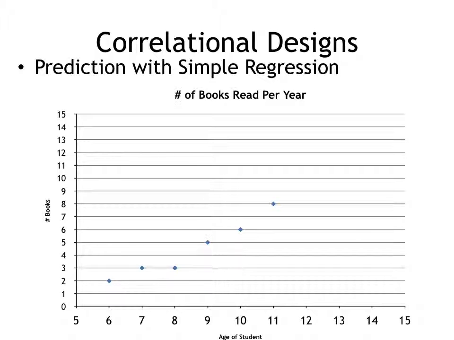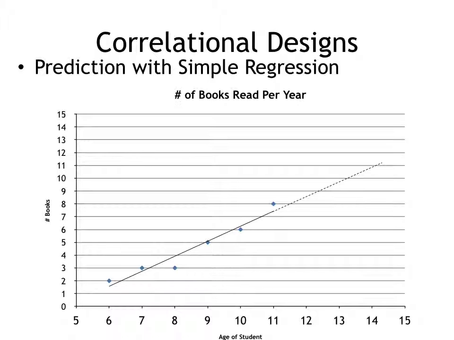Now I want to predict with that. So what I do is I add a trend line that goes up through the middle of that scatter plot, and then the dotted line extends it beyond my sample group. So this lets me predict that 13-year-olds, I go up from 13 and hit that line, it looks like 13-year-olds will probably read 10 books in a year.